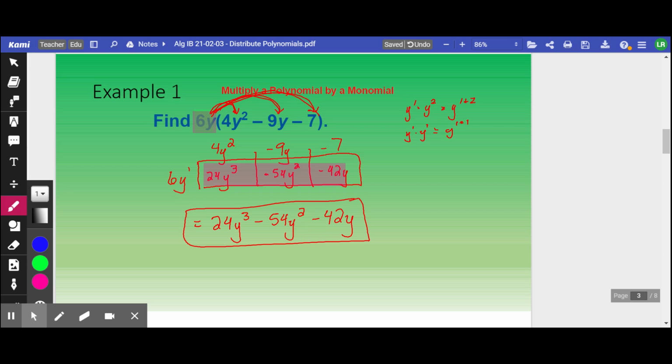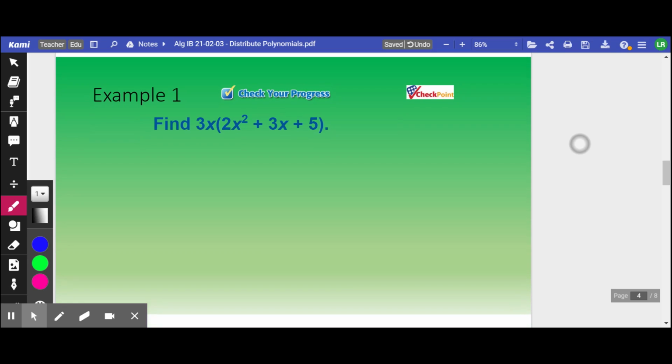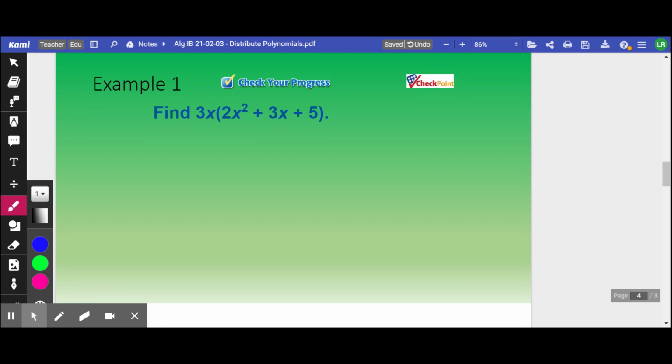So let's look at another one here. We have 3x times 2x squared plus 3x plus 5. Well, I'm going to utilize the box. It is okay to do it this way, but if you're getting them incorrect, use that box.